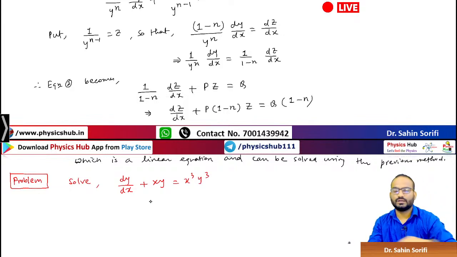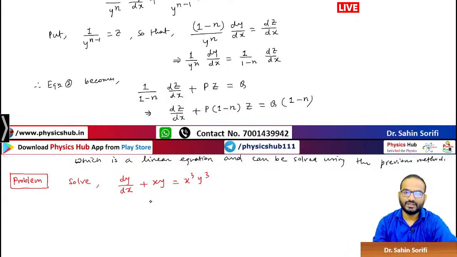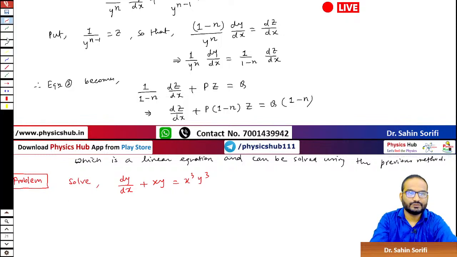So obviously this is a nonlinear differential equation, and it is in the Bernoulli's equation form. Okay, so let us try to solve this.